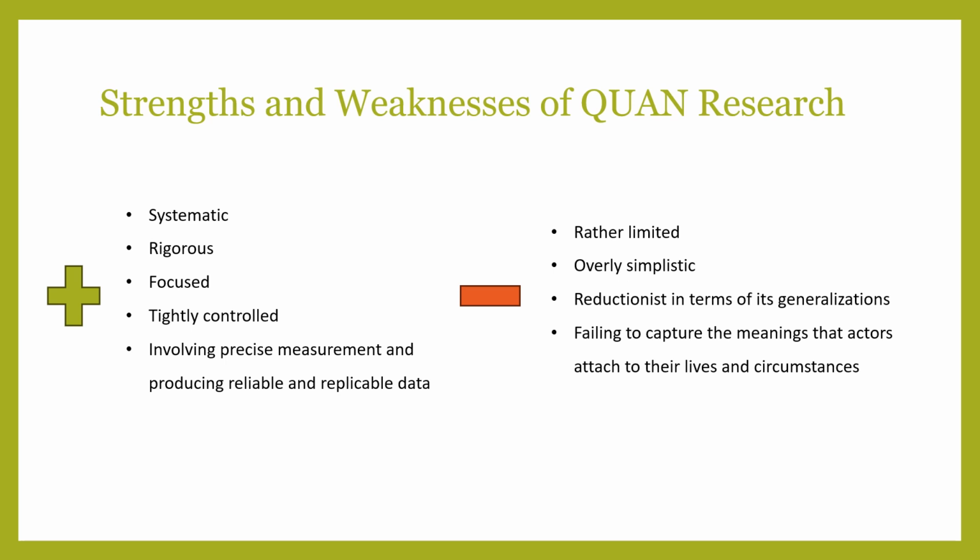And then we have the negative part. It is rather limited. I already mentioned that in one of the characteristics. It is limited because we have to use topics that are good for measurement, that we can measure with numbers.